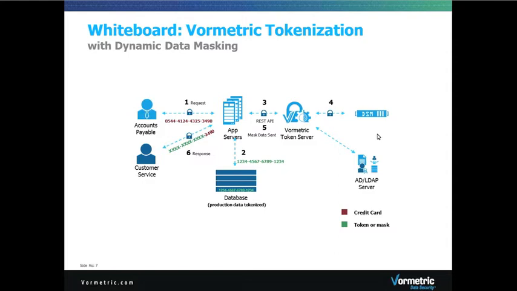Lastly, I would say about Vormetric tokenization is that not only do we make it simple to tokenize data or detokenize data through a simple REST API call, we also put the power of the security in the security team's hands, meaning that we integrate with LDAP, we integrate with AD, so that the developers can make a REST API call to tokenize a value such as credit card or social security number.